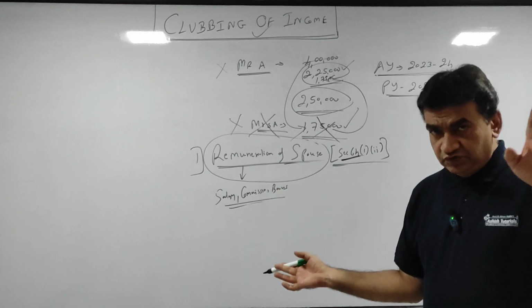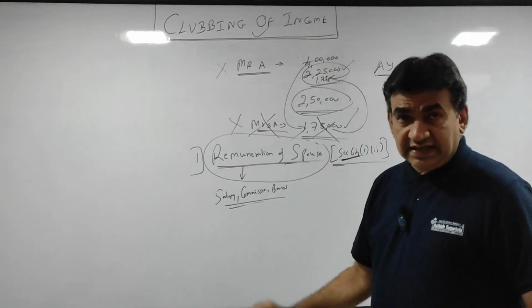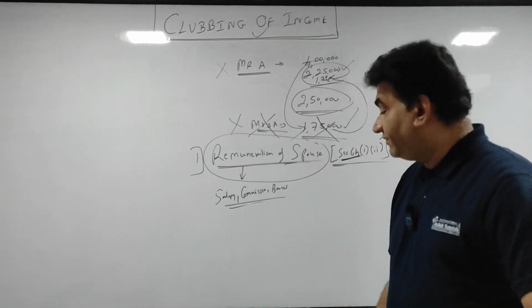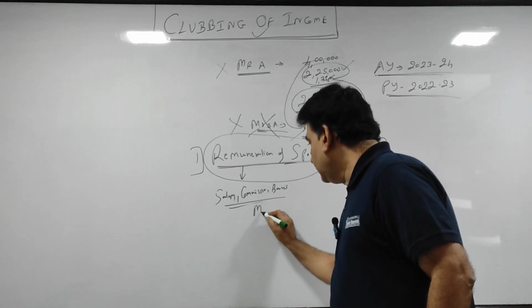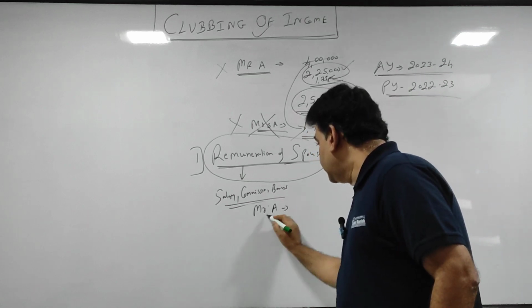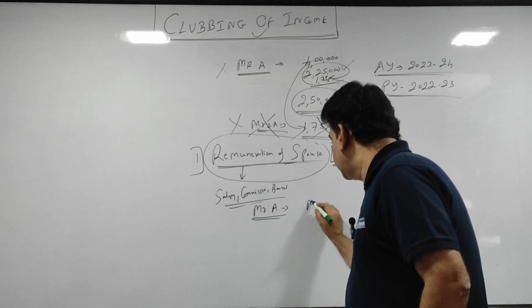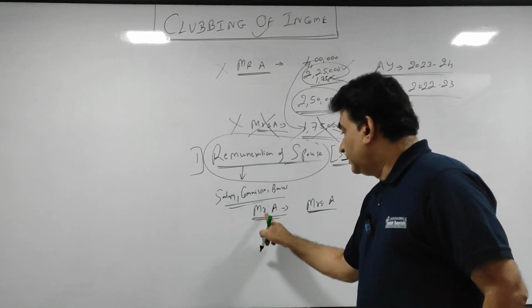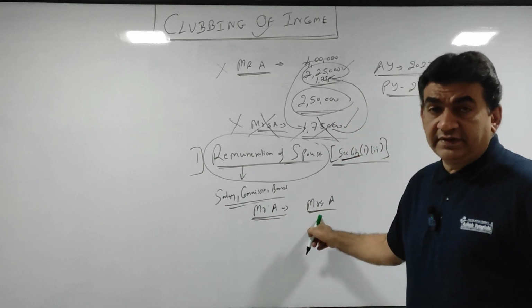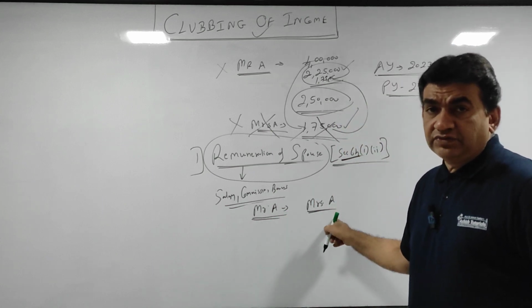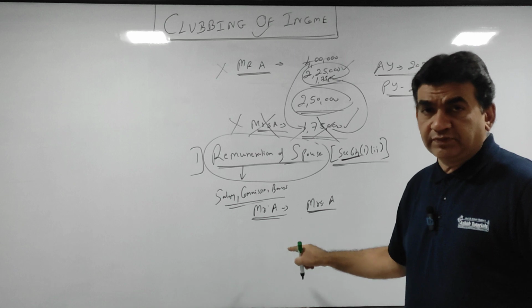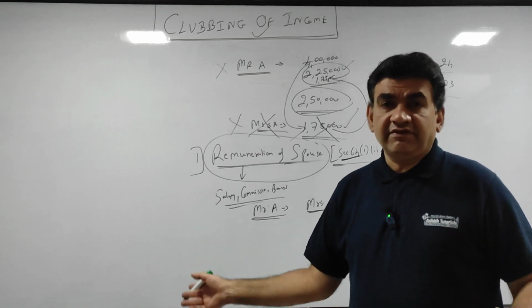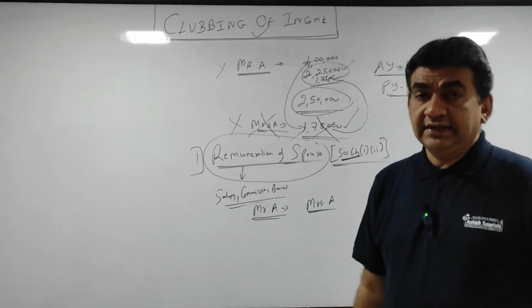Why clubbing? So I gave you this example. Now listen very carefully. Again I'll take the same name, Mr. A, and his wife Mrs. A. Husband, wife. For the husband, the wife is the spouse; for the wife, the husband is the spouse.